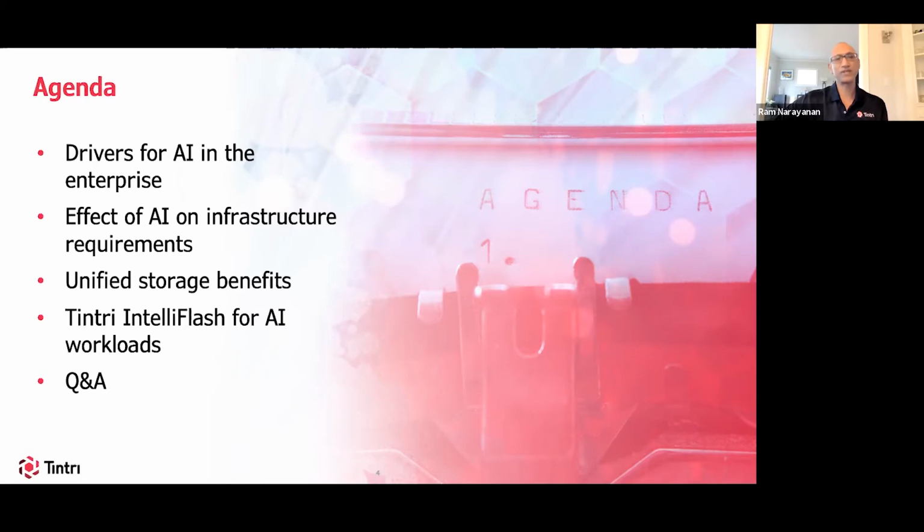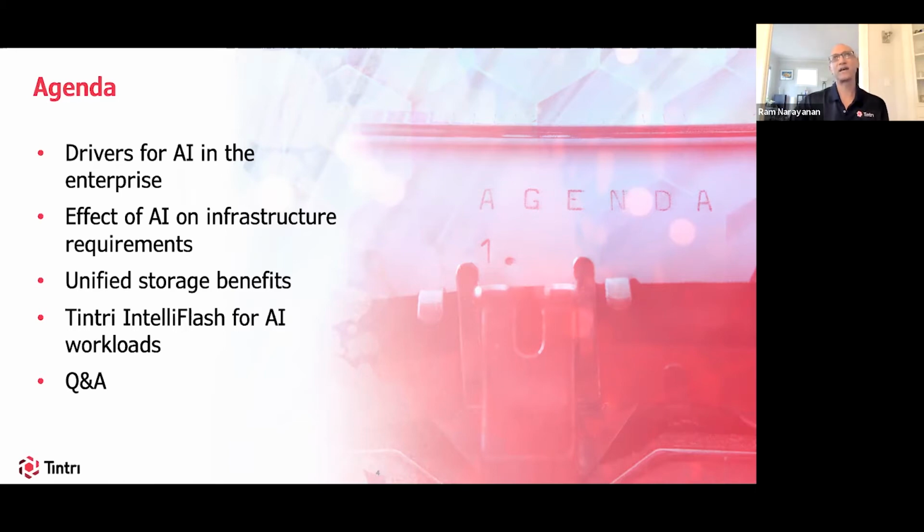So first we're going to talk about the drivers for artificial intelligence in the enterprise space. We'll talk about the effect of AI on infrastructure requirements, particularly storage. We'll talk about unified storage, both what it means from a conceptual level and what are some of the advantages that a unified storage solution can provide.